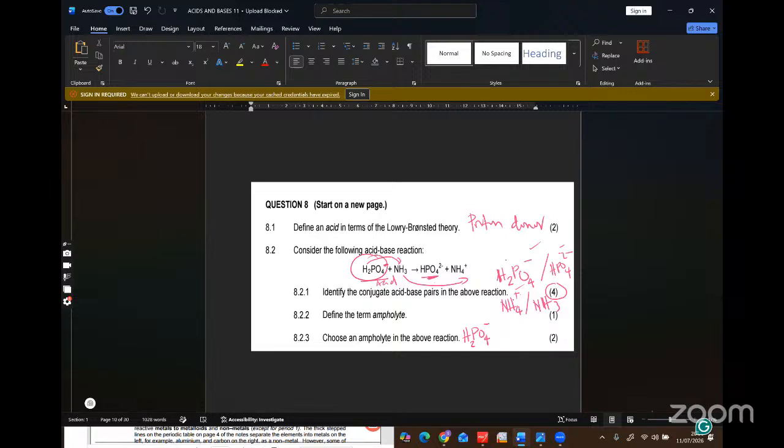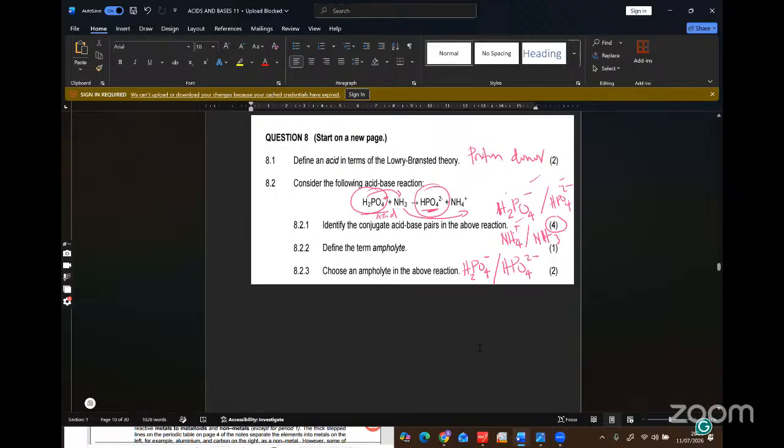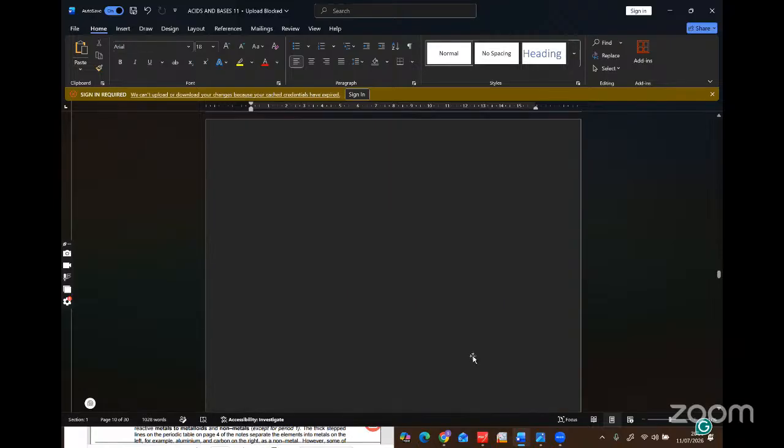Why? Because it contains at least one hydrogen and a negative charge. This one has 2 hydrogens, so that is an ampholyte. Then the other ampholyte is this one. It has at least one hydrogen and then a charge here, 2 minus. So these are the 2 ampholytes. They can act as an acid and a base. So that is what we are talking about.